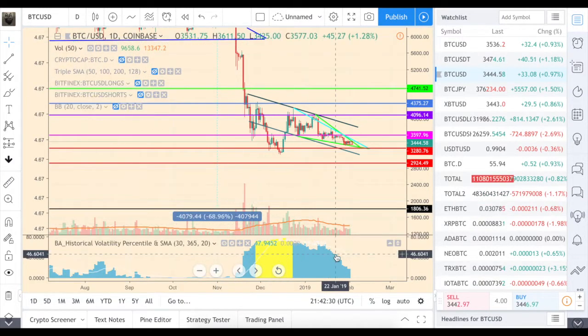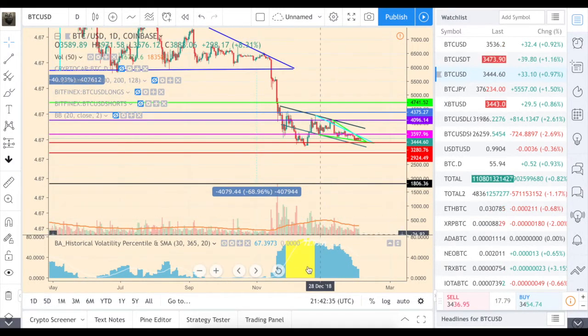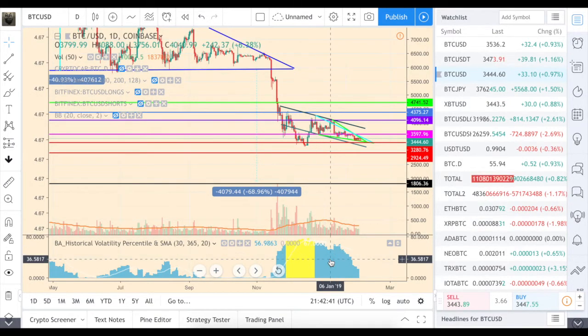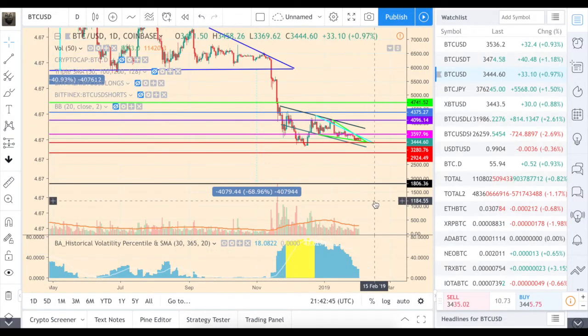Basically, what does it do? What does it show? It shows, in percentage, the number of days in the previous year from now where we had lower volatility than at the moment.